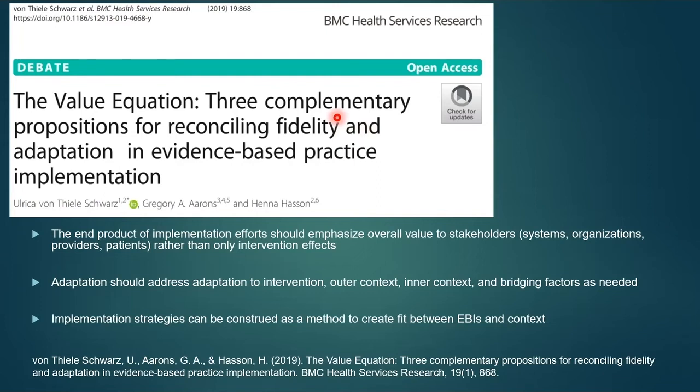So you might want to look at this paper, which talks about reconciling fidelity and adaptation in evidence-based practice implementation. There's no right answer. There's quite a lot of complexity and debate about this, but maybe the take-home message would be, in implementation science, it's well understood that both fidelity and adaptation are important.